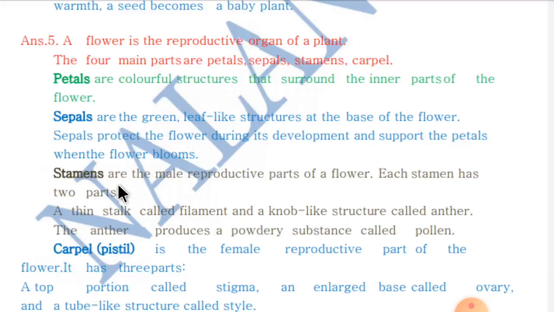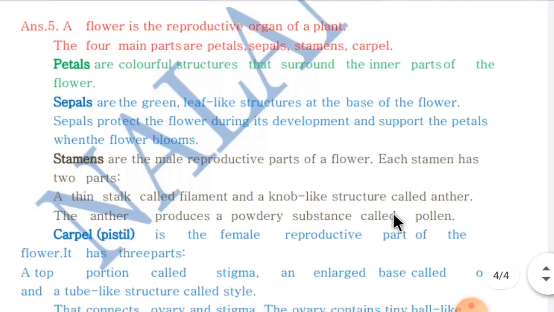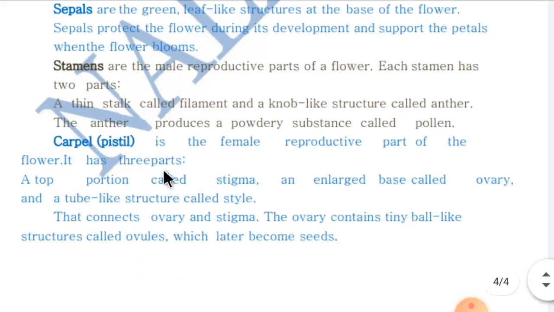Stamen are the male reproductive part of a flower. Each stamen has two parts, a thin stalk called filament and a knob-like structure called anther. The anther produces a powdery substance called pollen. And the next part is carpel, the female reproductive part of the flower.